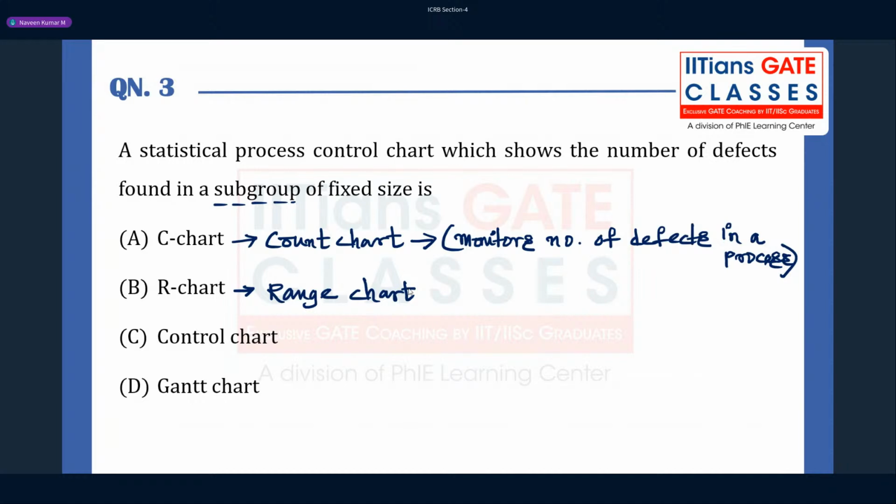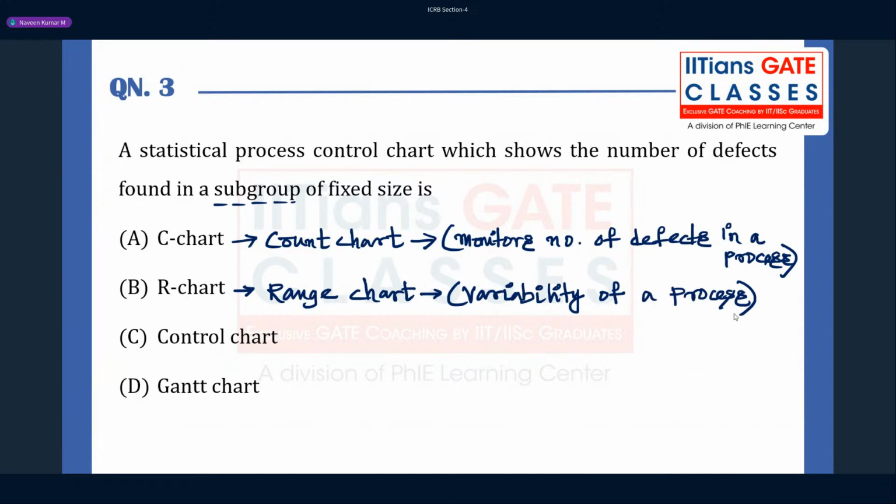It's about the process itself. If you go and type in Google, you'll get different plots. It's about how much the process itself varies. It's not about the defects.